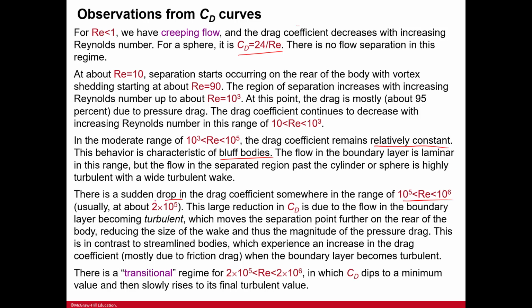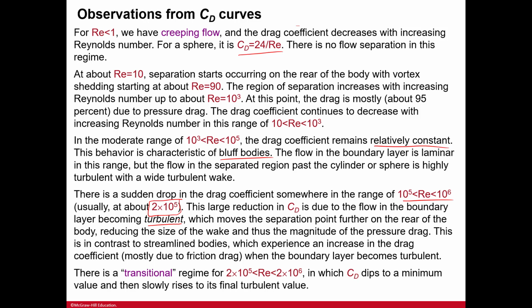usually around 2 times 10 to the 5th. This large reduction in CD is due to the flow in the boundary layer becoming turbulent. So that sudden drop is because of the turbulence, which moves the separation point further on the rear of the body, reducing the size of the wake and thus the magnitude of the pressure drop.